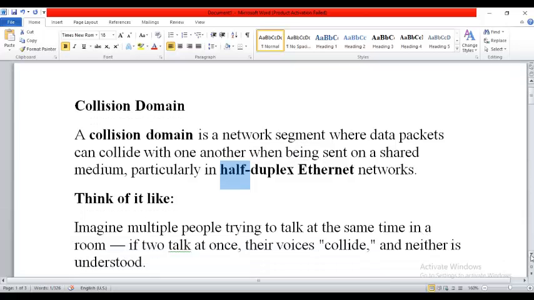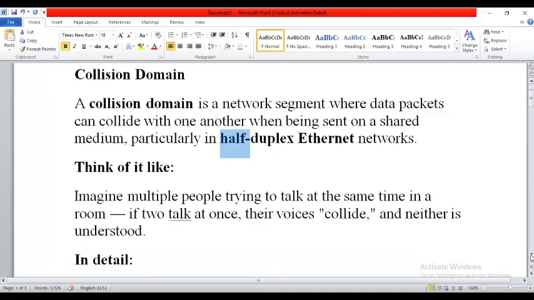Think of it like, imagine multiple people trying to talk at the same time in a room. If two talk at once, their voices collide and neither is understood. Yeah, see, right now I'm talking. While I'm talking, if you also have something in your mind and you also keep talking, I'm also having something in mind. I'm talking. You're also having some different thing in your mind and you're talking.